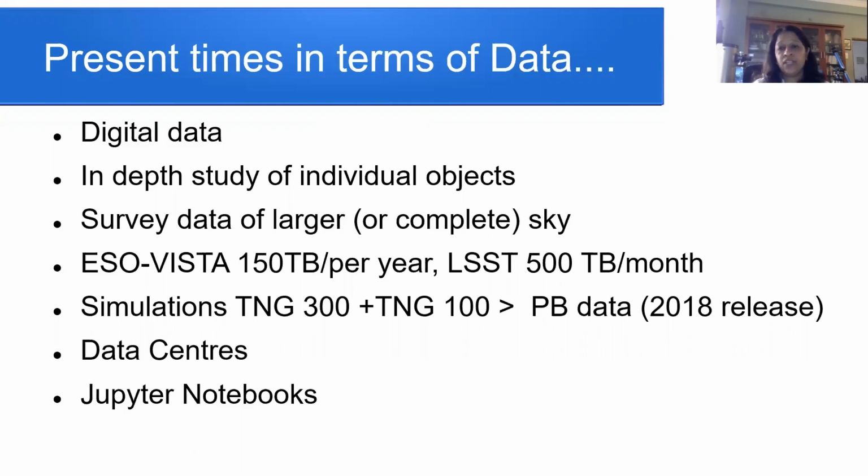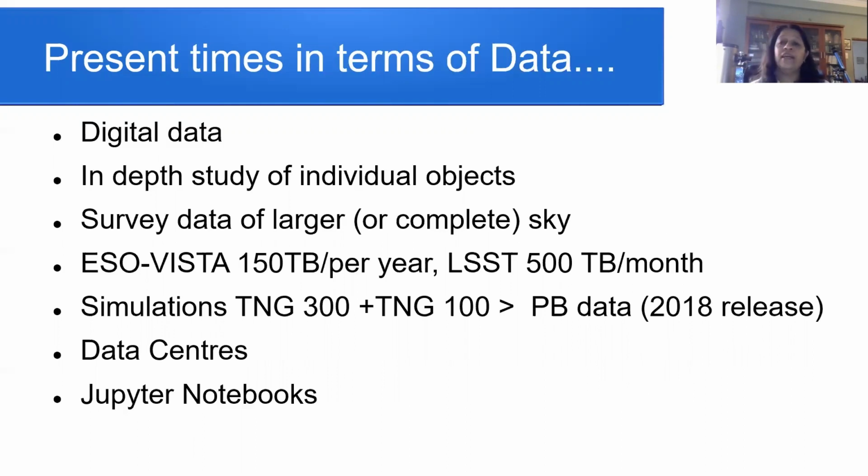And therefore, since you have such large data sets, they need to be housed in data centers, which house all the data from these data sets, since they are so very large. And it's not just one data center. You could have many data centers which mirror the same data so that users can access it from various sources. The data can also be handled using programming, for example, with Jupyter notebooks.